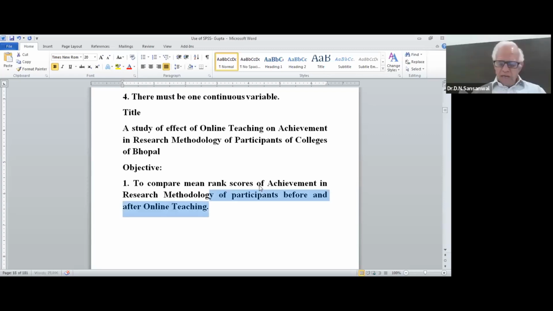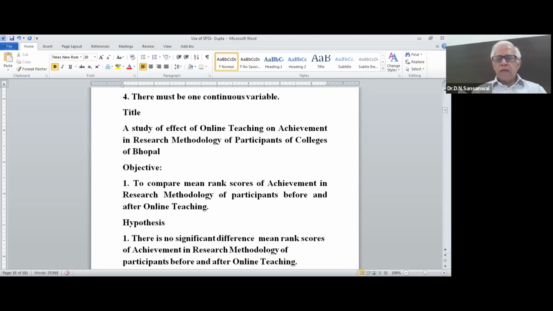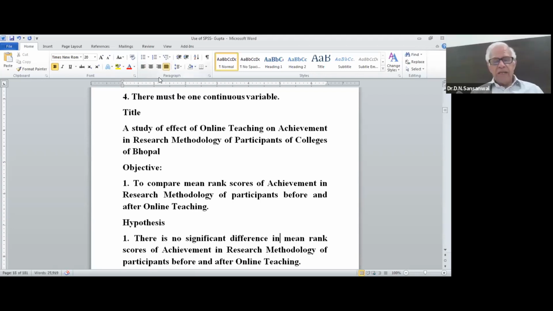And if that is your objective, then your hypothesis will be, and I am formulating it in the null form: there is no significant difference in mean rank scores of achievement in research methodology of participants before and after online teaching.